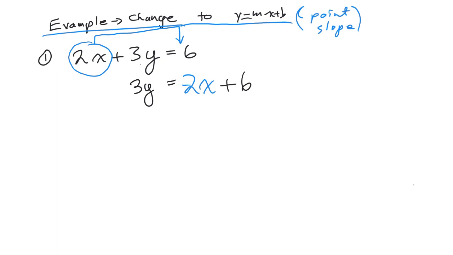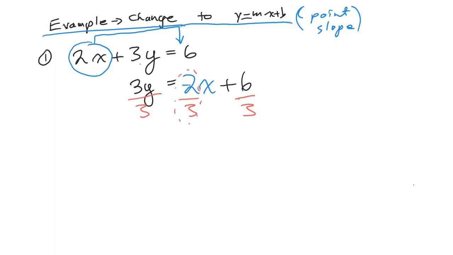Now, in order to get y by itself, we have to divide everything by 3. So you notice the 3 is applied to every term. Instead of negative 2x divided by 3, it's negative 2 over 3 times x.